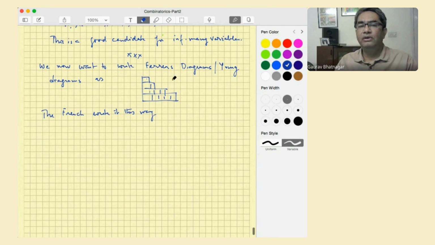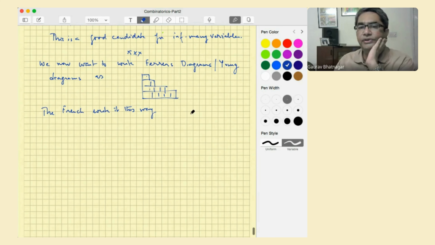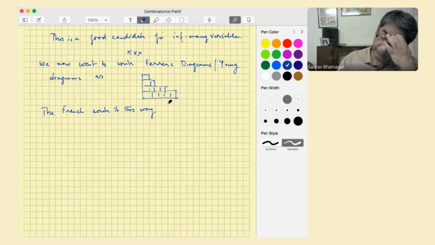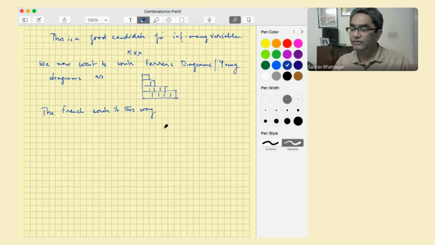Now what I want to do for the remainder of the day, maybe we'll finish early, is show you some of the combinatorial theorems. For that, we want to write Ferrers diagrams in this way, because the book does it. I'm not strictly following everything in the book, but you will see a lot of stuff like this.